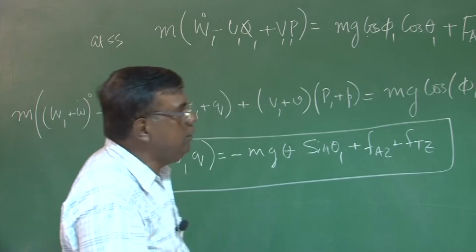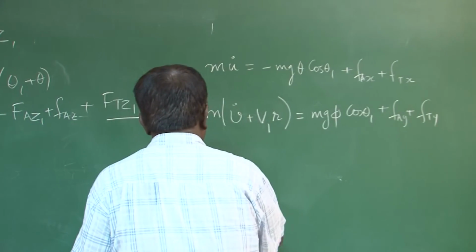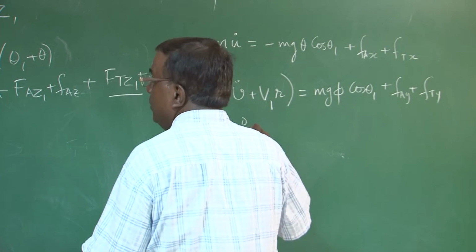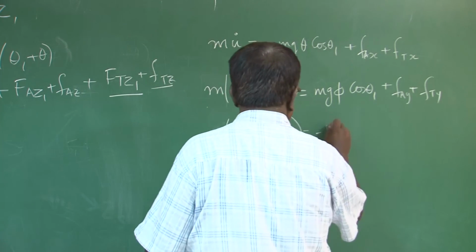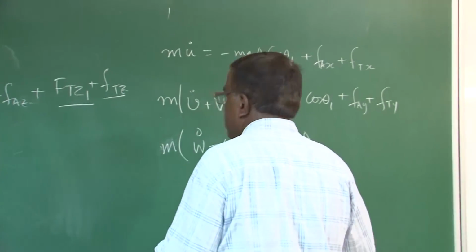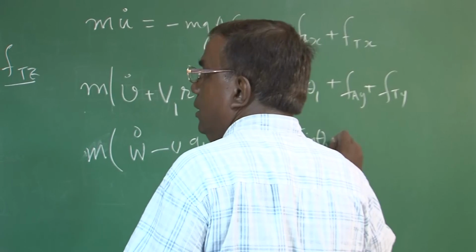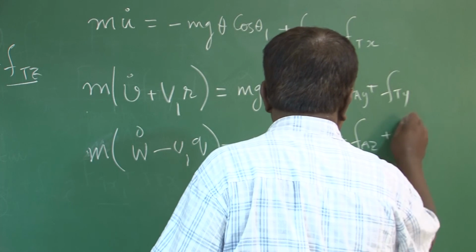This becomes my third equation. So I write m w dot, w is perturbed, minus u1 q is equal to minus mg theta sin theta 1 plus f_az plus f_tz.